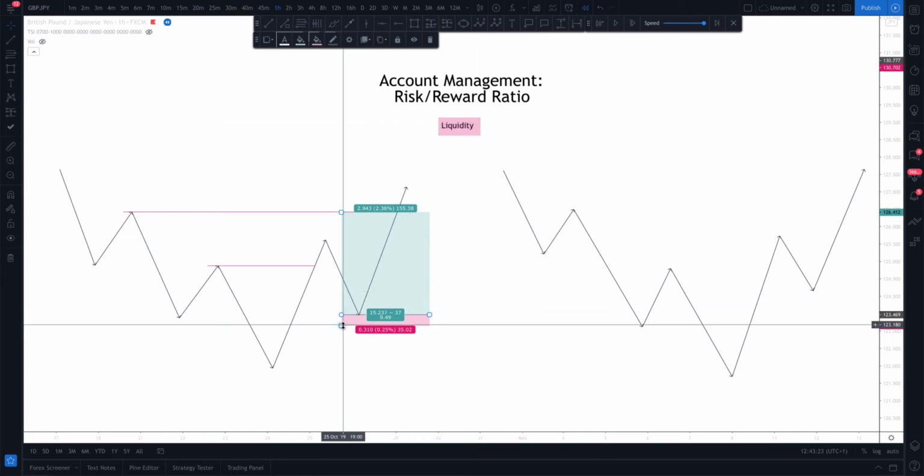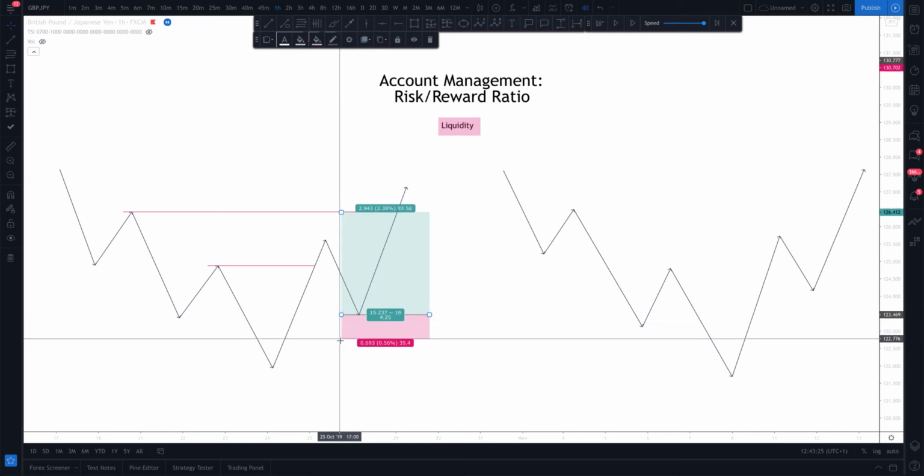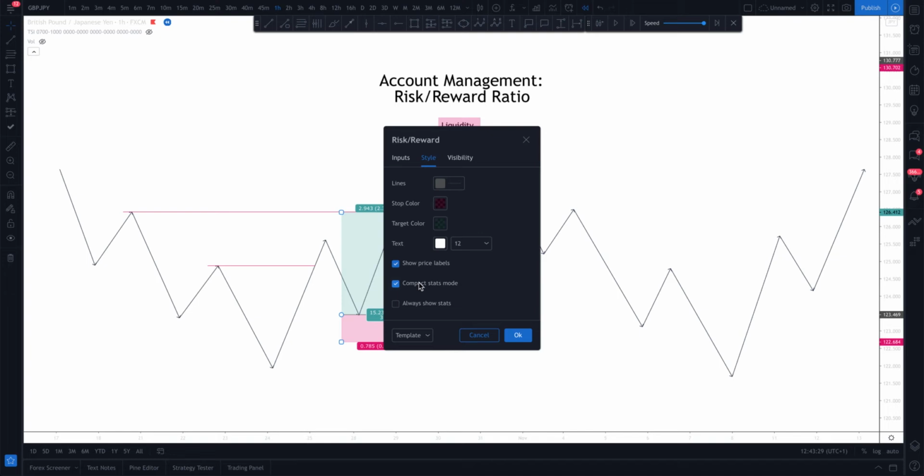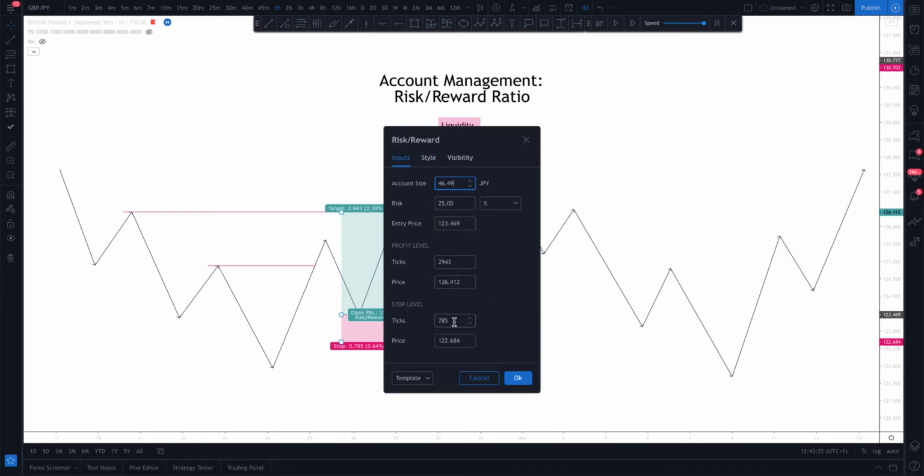Let's say, for example, here you have a 30 pip stop loss.